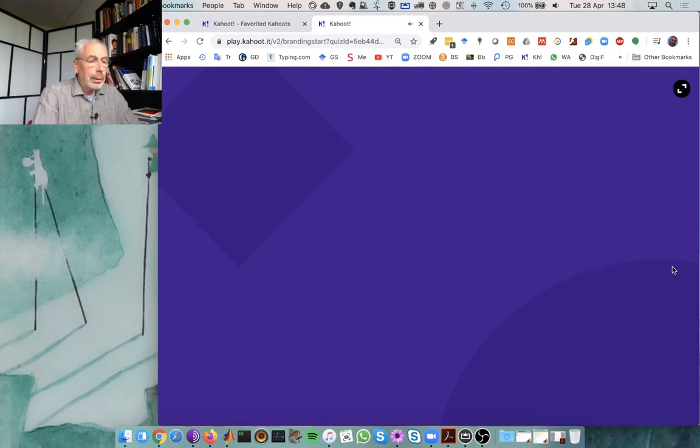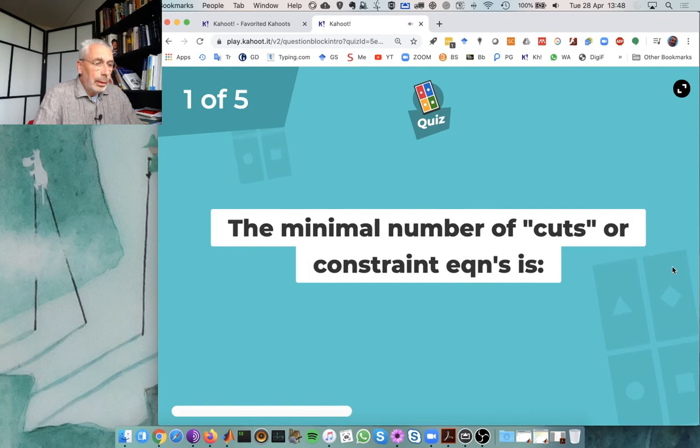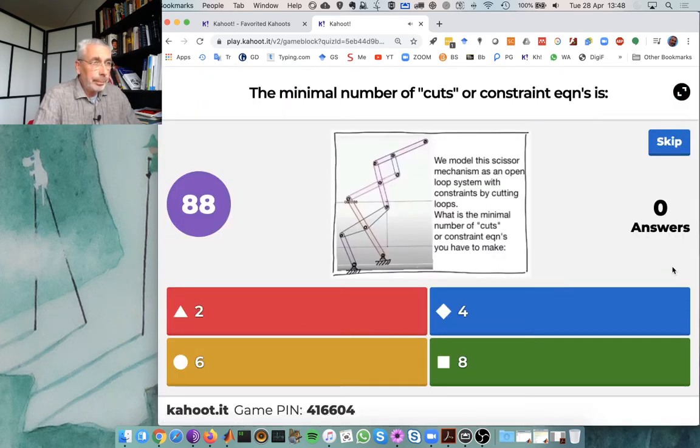Five questions again. First question, number of cuts you have to make. You see here a scissor mechanism, and we want to model it as an open loop, and we have to do a number of cuts to make an open loop structure out of this. The big question is, what is the minimum number of cuts to make an open loop structure?